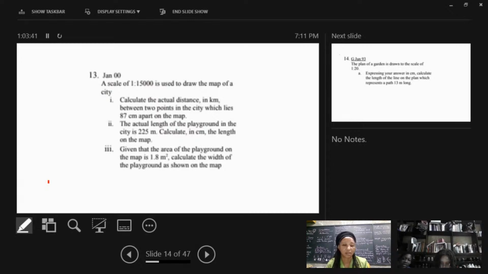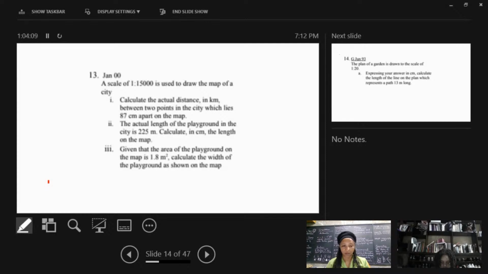The actual length of the playground in the city is 225 meters. Calculate in centimeters the length on the map. III. Given that the area of the playground on the map is 1.8 meters squared, calculate the width of the playground as shown on the map.